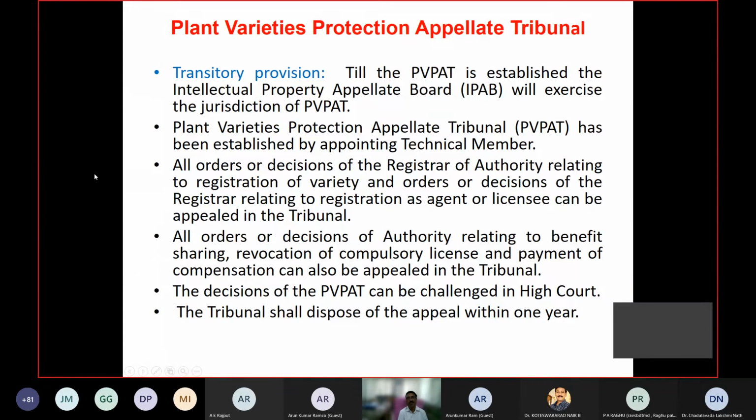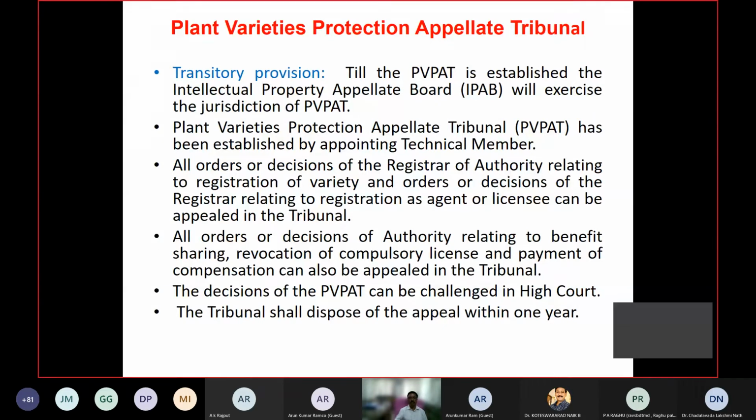Earlier it used to be, but now with the Tribunal Reforms Ordinance, all these tribunals have been abolished, whether it is the Intellectual Property Appellate Board, which was taking care of issues pertaining to patent, trademark, design, copyright, and geographical indications, and this separate Plant Variety Protection Appellate Tribunal.